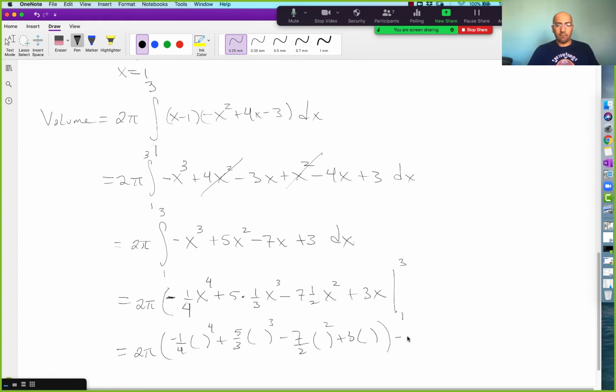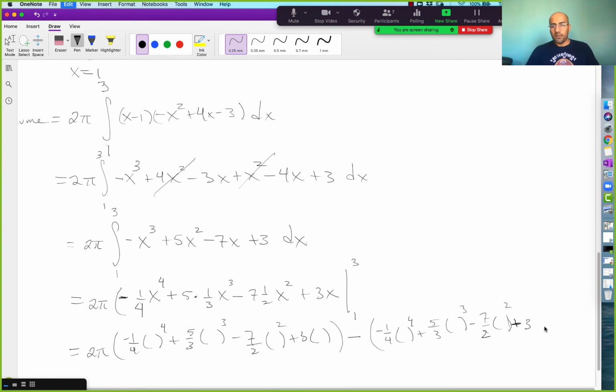Then do it again, minus, 1/4 something to the 4th plus 5/3 something to the 3rd minus 7/2 something squared plus 3 times something, and then all of that of course gets multiplied by the 2 pi.